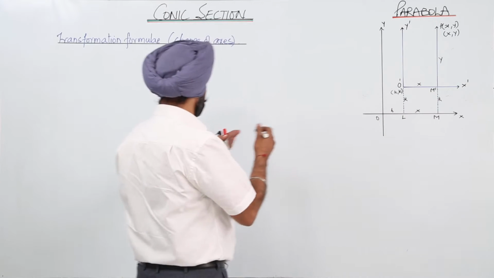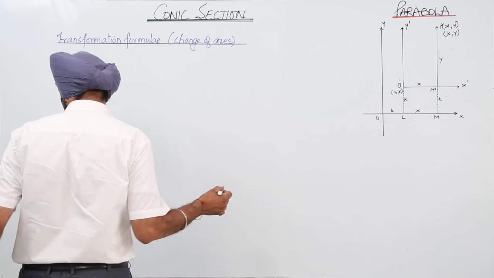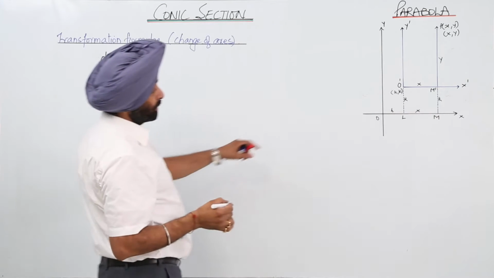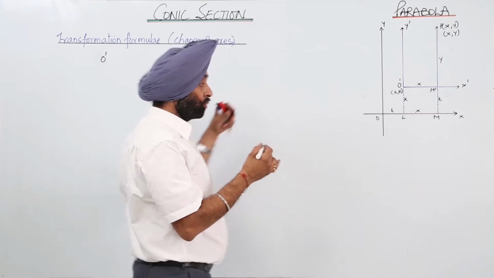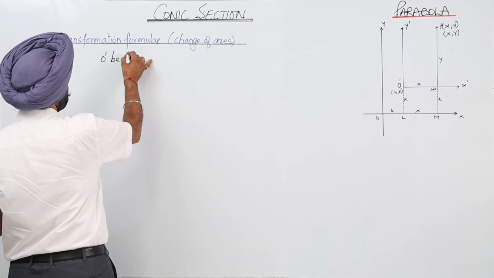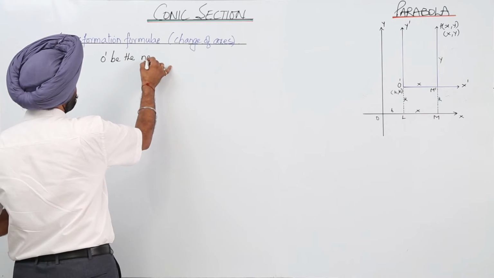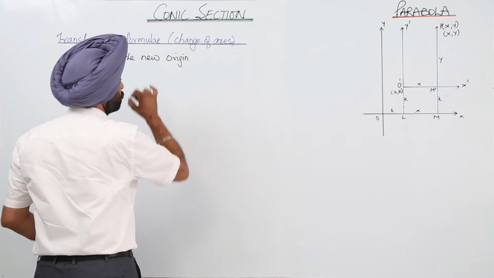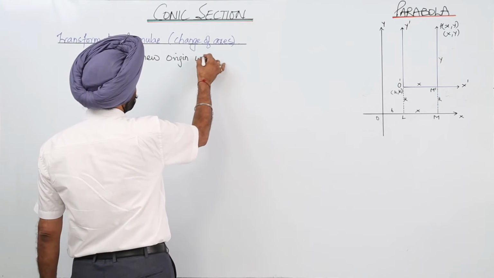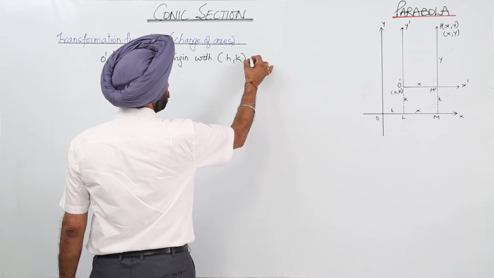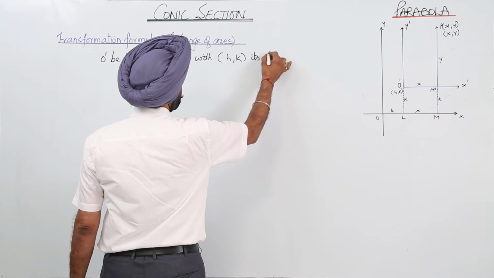Now let's move on. Here we have written O dash. Now what is O dash? Let O dash be the new origin with h comma k as its coordinates.